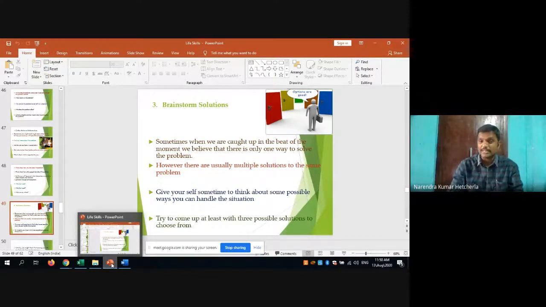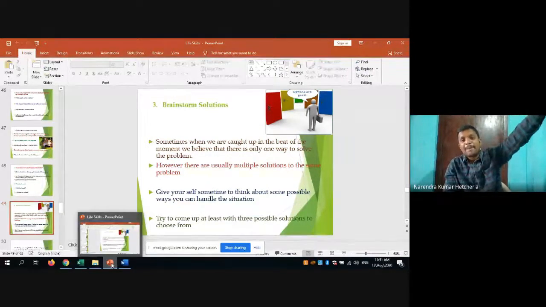Look at the second point. However, there are usually multiple solutions to the same problem. For example, to enter KBN college, there are multiple ways. One can come from Chittinagar, one can come from One Town area, one can come from Brahmana Vidhi, one can come from behind, in the sense from PSCMR college.